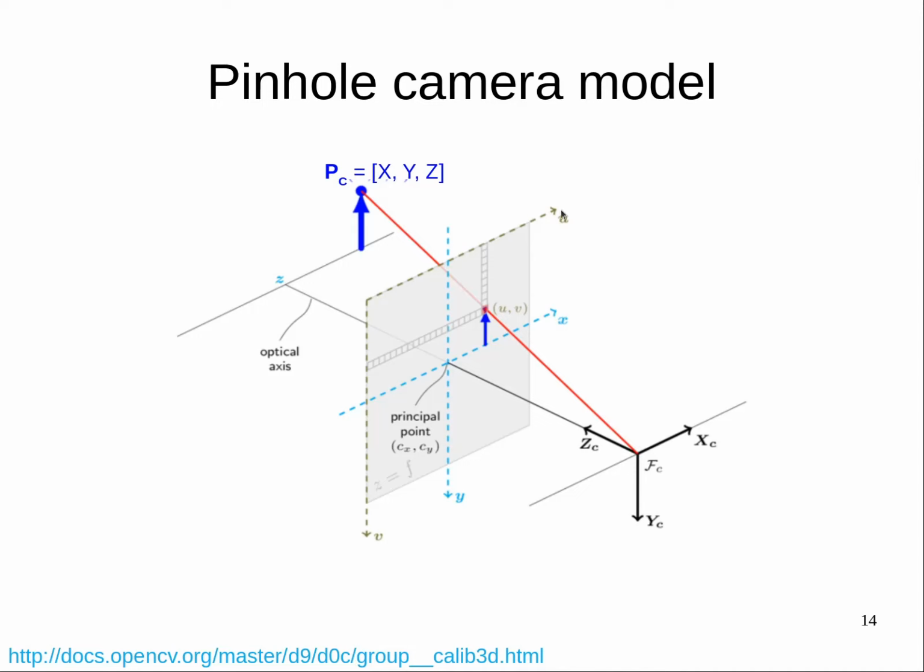These are typically measured in pixels. And if we intersect the ray with the image plane, we get an intersection point UV, and it's typically also in pixel coordinates. Then we also have this thing here called the principal point, but we will discuss it only on the next slide because then it's slightly more obvious what it does. Okay, so I'll turn to the next slide.